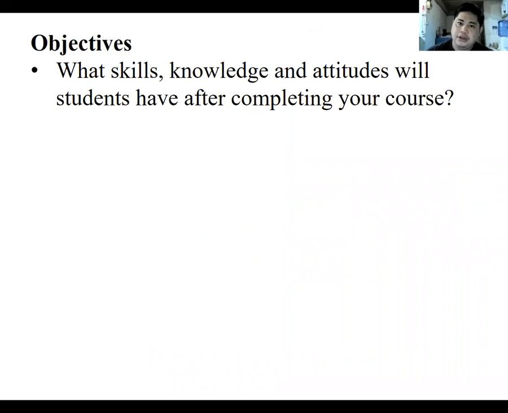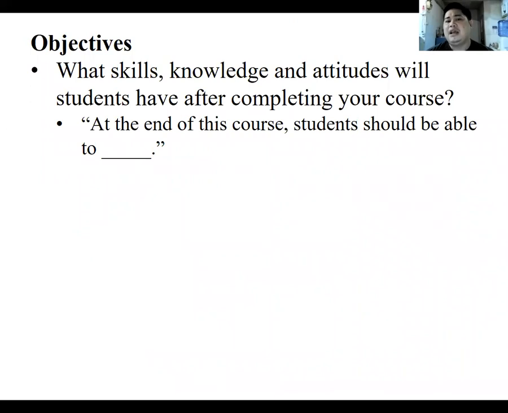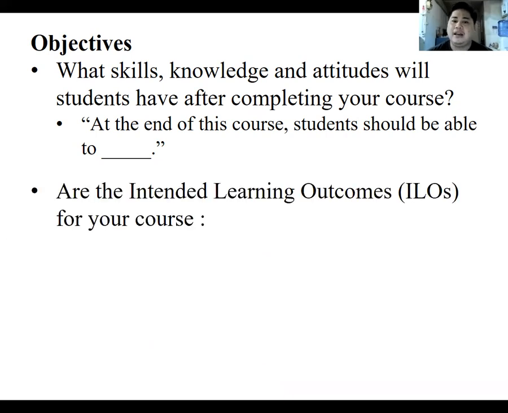And then for the objectives, we have to assess what skills, knowledge and attitude the students will have after completing our course. So that is very important that we have to incorporate there. The example is, at the end of this course, the student should be able to, and so on and so forth.